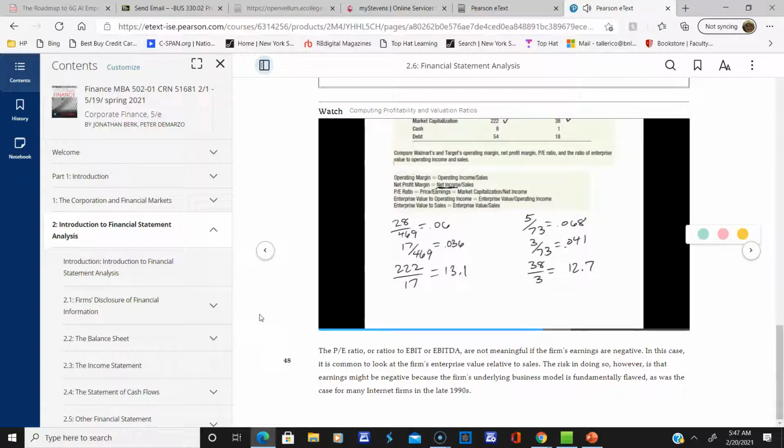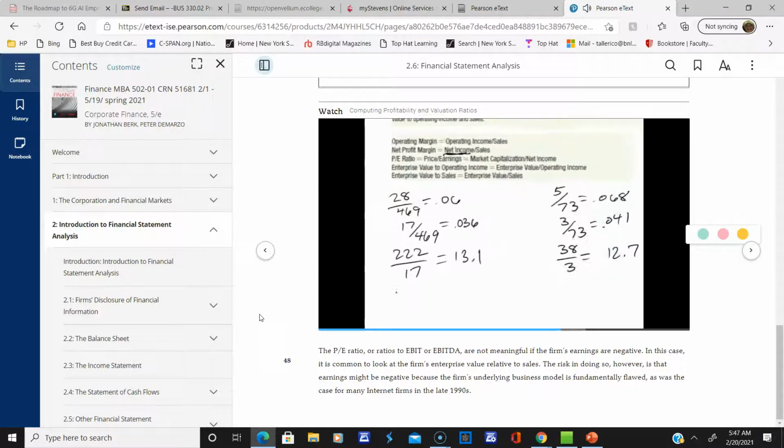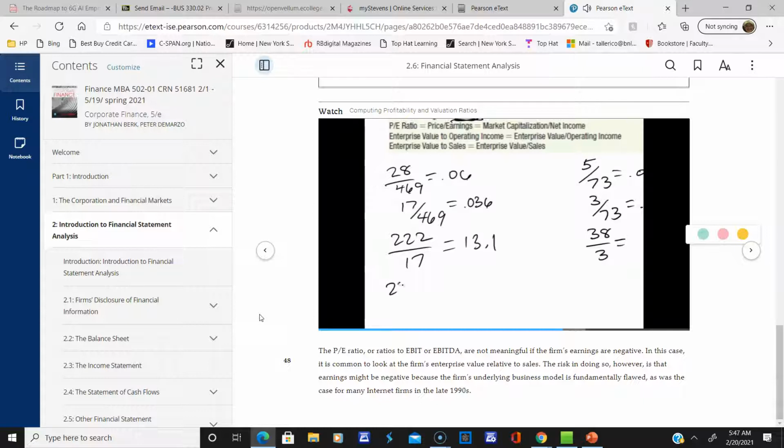Now let's look at the enterprise value ratios. Okay, so enterprise value, in this case, for Walmart, for example, is going to be the market capitalization plus the debt minus the cash. So we've got 222 plus the debt of 54 minus the cash of 8.